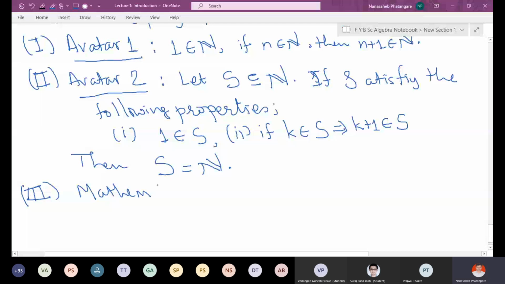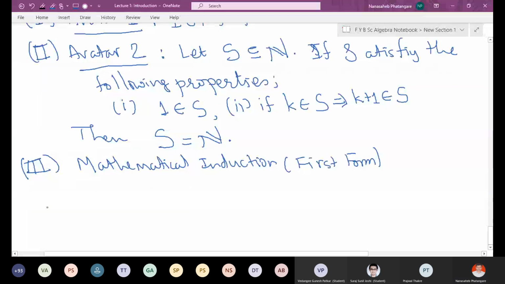Also called the first form of induction, or sometimes the weak form of induction, or weak principle.